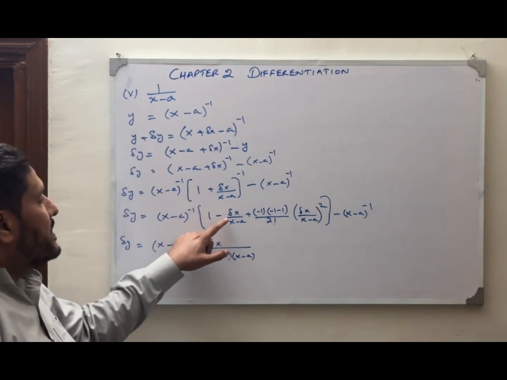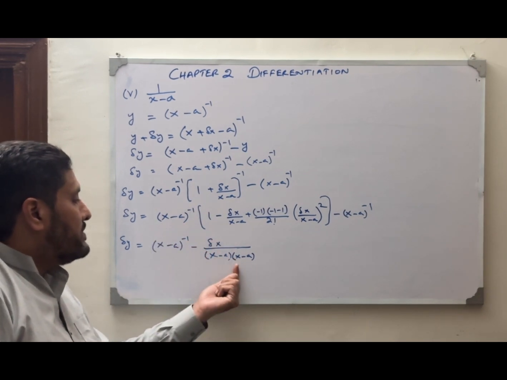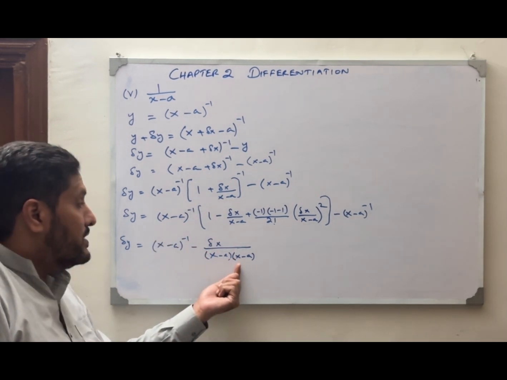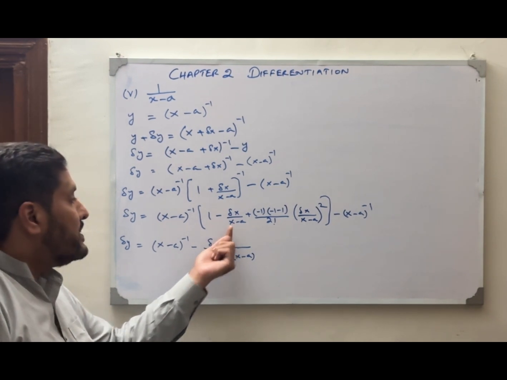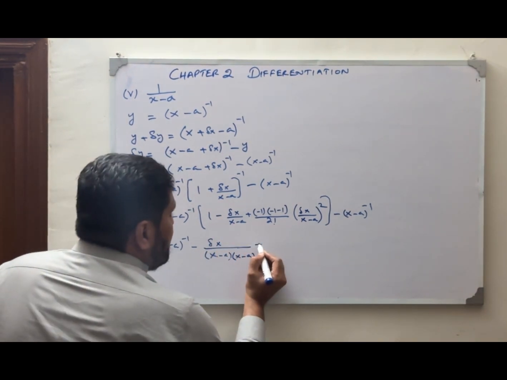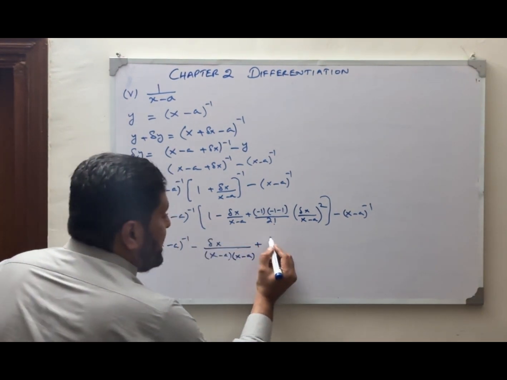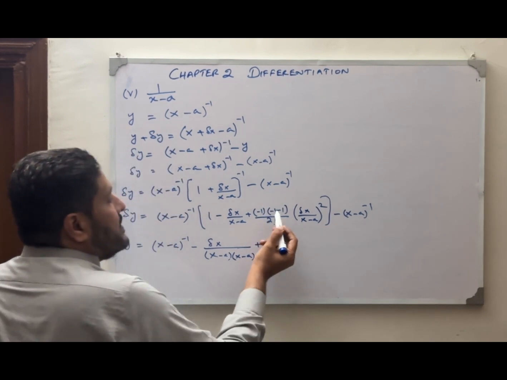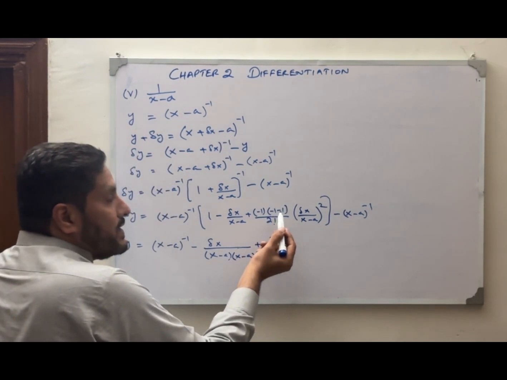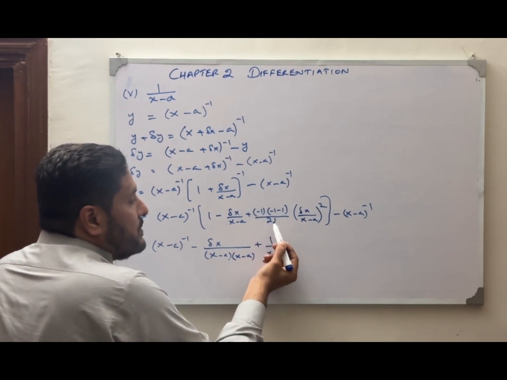So when we multiply this whole term with the second expression, x minus a will go into the denominator and be multiplied with the previous x minus a term. For the last step, again we can write this x minus a power minus 1 as 1 over x minus a into, if we simplify this one, minus 2 multiplied by minus 1, that will become positive 2, divided by 2 factorial.